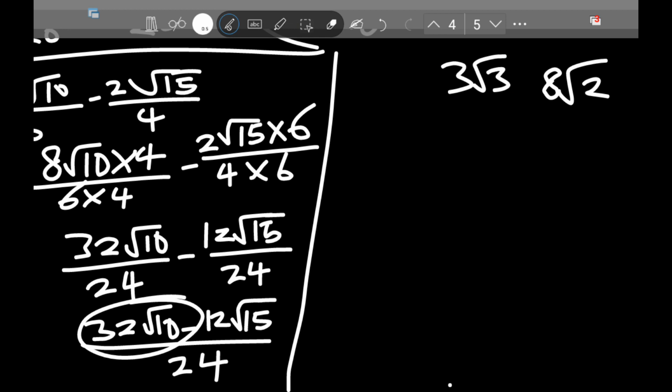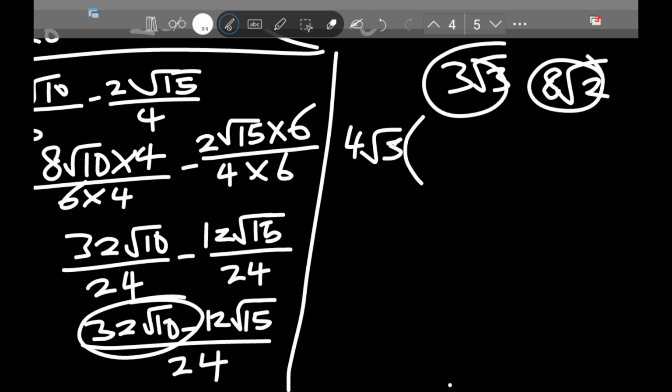So now let's write the factor, which is 4 root 5, outside. Then when we divided 32 root 10 by 4 root 5, what did we get among these two expressions? Is it this or this?